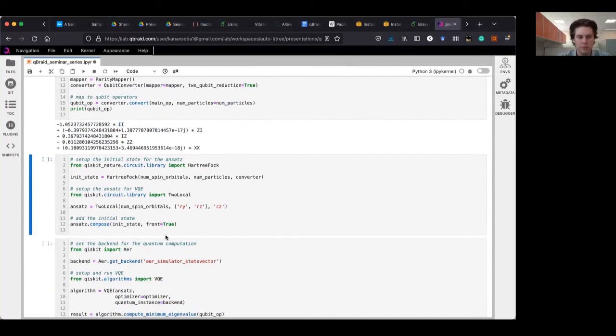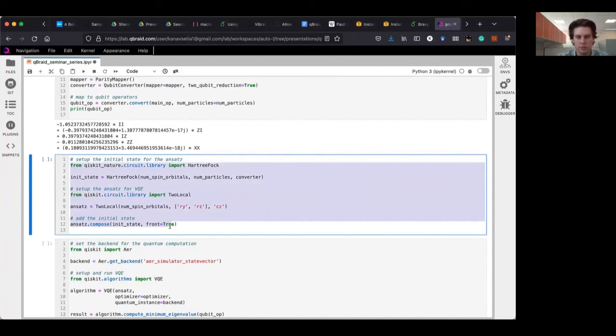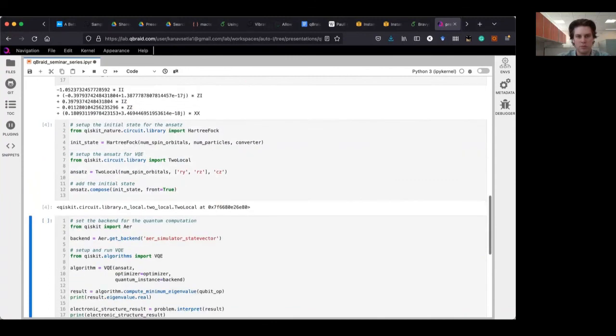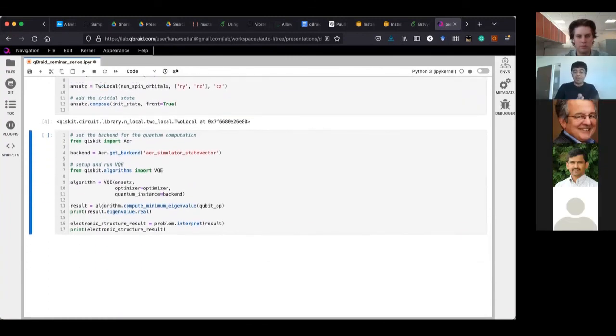And then if you remember, I mentioned there was a guess wave function involved in VQE. This is the code for setting up that guess wave function. You run this, it goes through, and then finally, because we don't have a quantum computer available online yet, or rather I should say, we can just do a simulation right now, you define a simulator backend, and then you can run your calculation and get the energy.